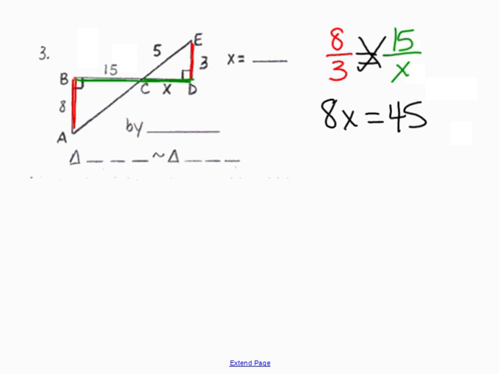So divide that by 8. This is weird. I end up with X equaling approximately 5.6.